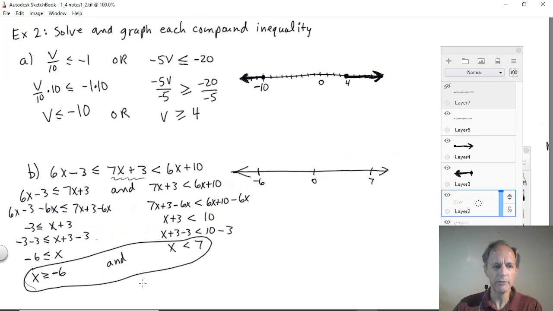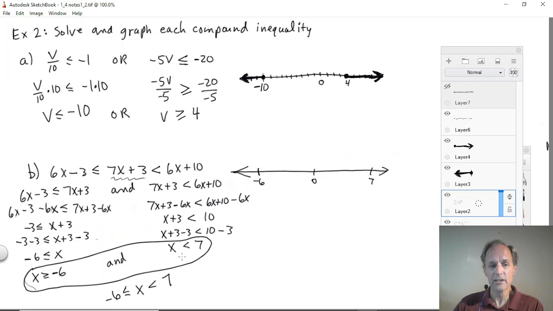In fact, we could rewrite this as putting an x right here, and it's less than 7, but negative 6 is less than or equal to it. And you don't have to write it that way, but see, if x is greater than or equal to negative 6, then negative 6 is less than or equal to x.